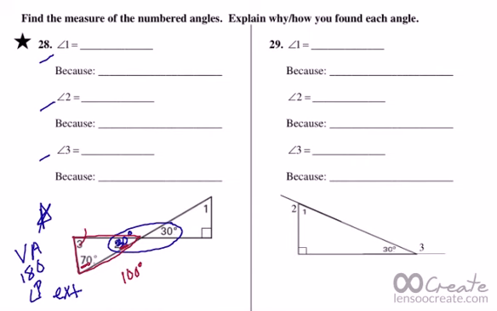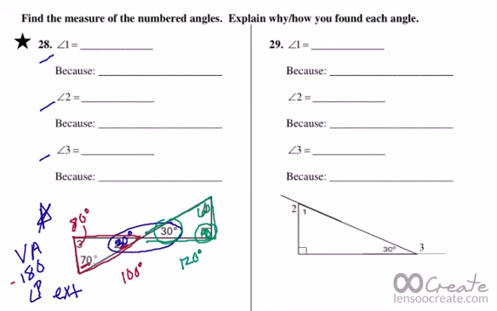So we know here that angle 3 must be 80 degrees because there's 180 degrees in a triangle. And then moving over to the second triangle, we have also two angles in that triangle. This box being 90. 90 plus 30 is 120 degrees. That means angle 1 here has to be 60 degrees.